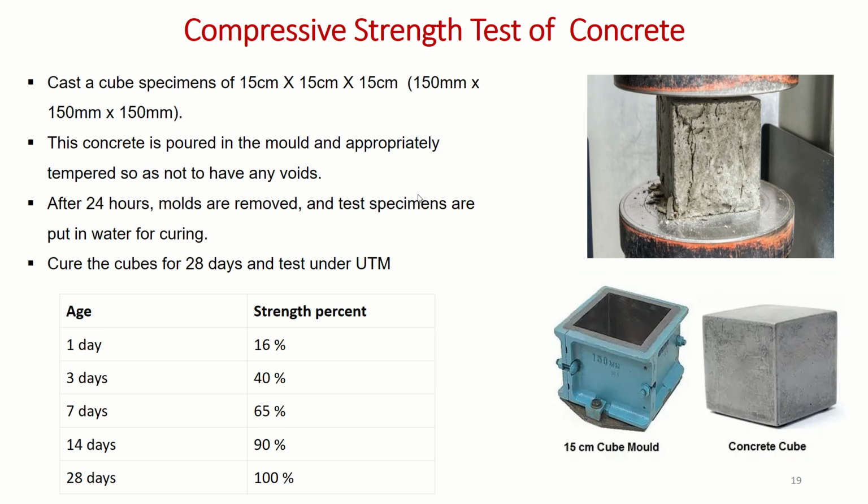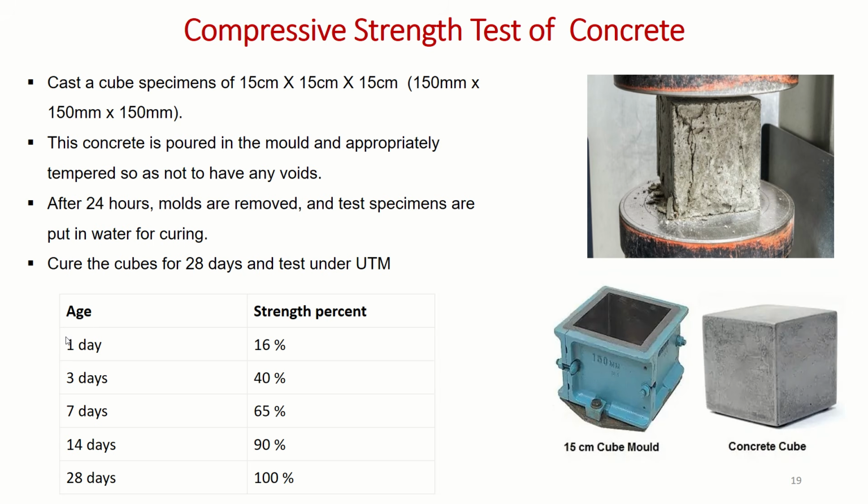The strength normally depends upon the grade of concrete. If you cast M20 grade of concrete, after 28 days you should get strength of more than 20 MPa. If you are casting concrete of grade M50, then you should get strength of more than 50 MPa after 28 days.